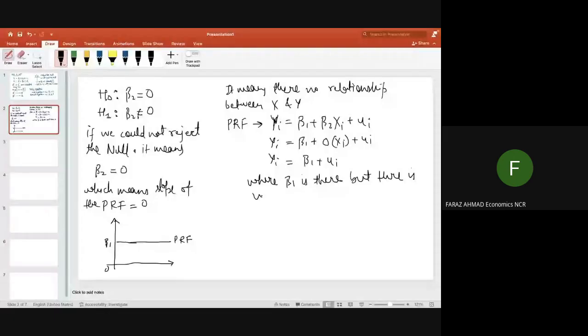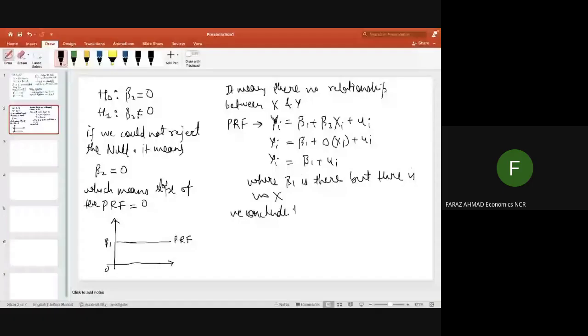There is no x here. Beta 1 is there, but there is no x. So when there is no x, it means y does not depend on x. So we conclude that there is no relationship between x and y.